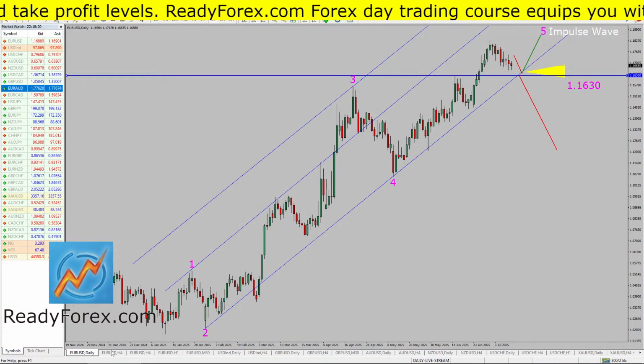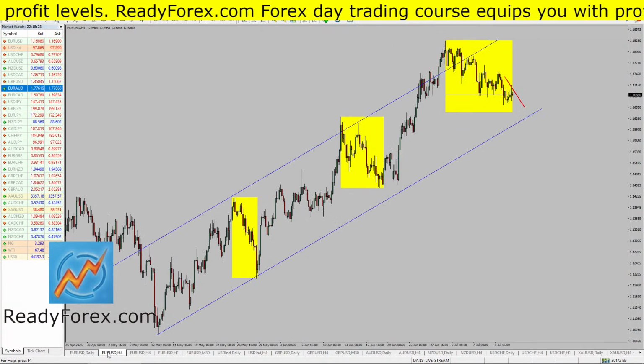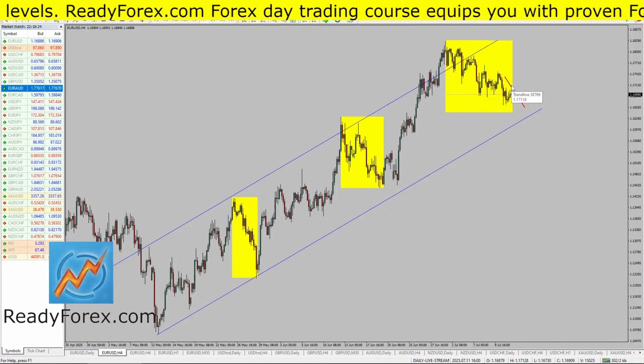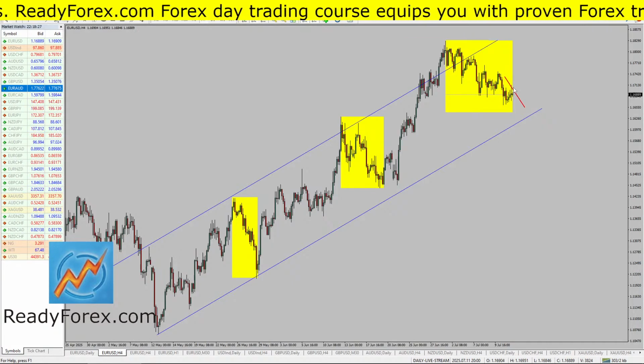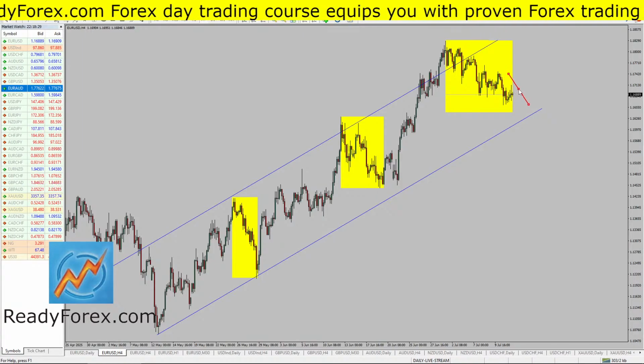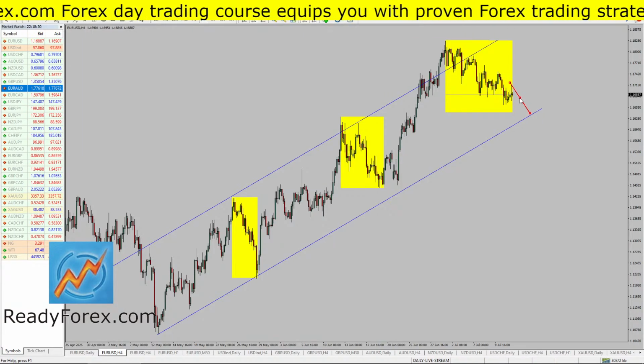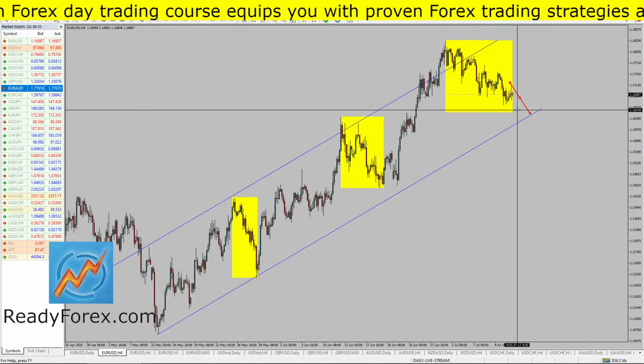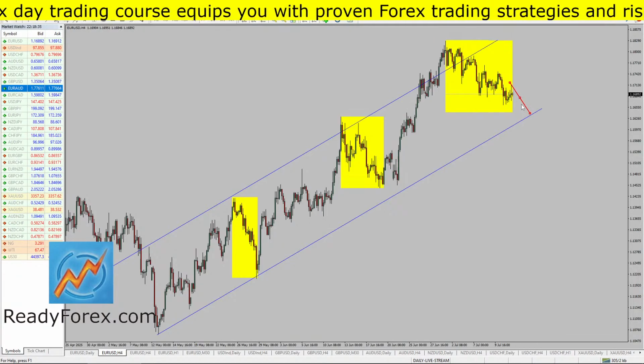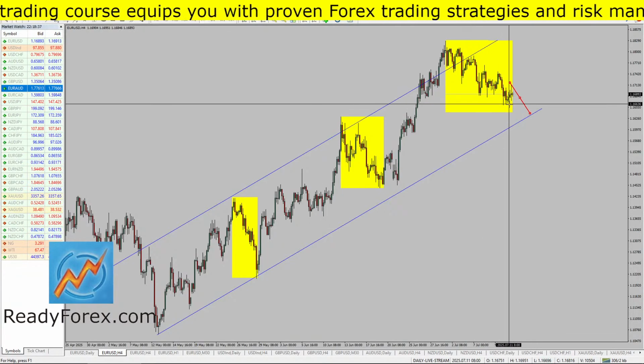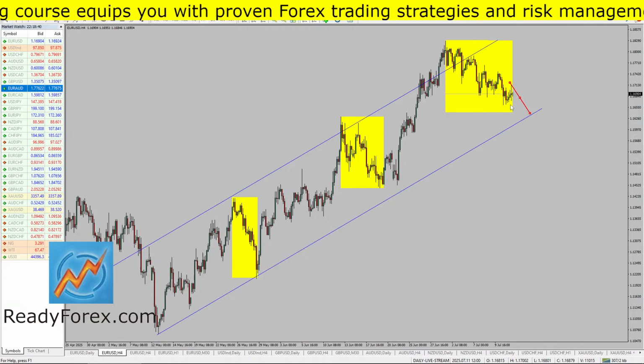Now if you check out the 4-hour time frame, I was expecting the price action to drop in EURUSD, so we got the decline, but we need maybe a little bit more drop in price action. Then this corrective wave is probably going to complete itself.